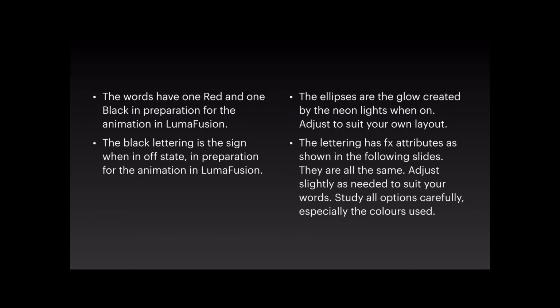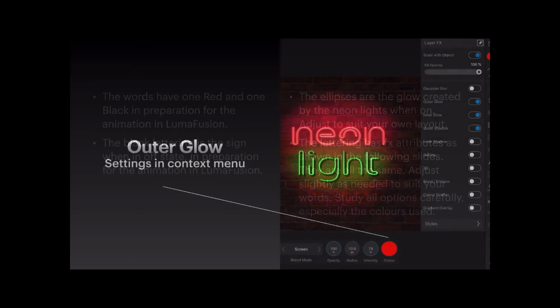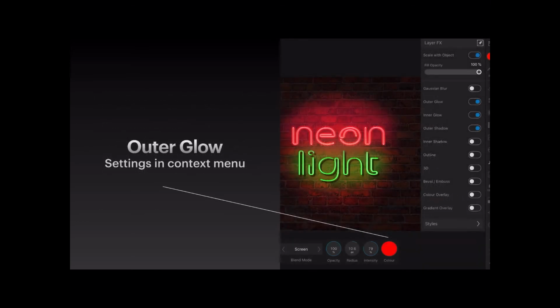This is why I'm putting this on a slide, so you can stop it or slow it down without losing visual. Now the outer glow, setting in context menu, you can see that scale with object, the layer effects. This is the word neon selected in this case, but it applies to neon and light.